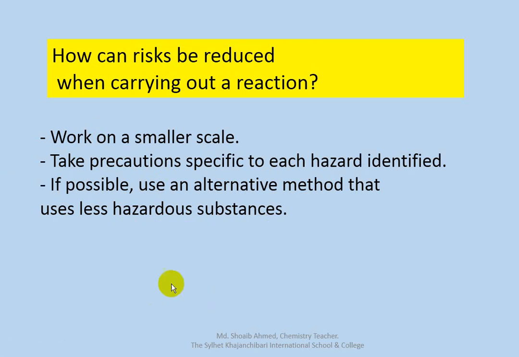So you take an alternative chemical which is a less hazardous substance. Taking precautions, you can reduce risks. Using smaller amounts of chemicals, you can reduce risks, and using alternative, less hazardous chemicals. So risks can be reduced by carrying out the following measures.